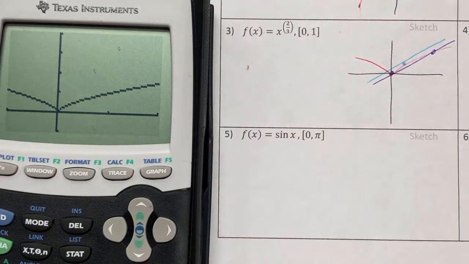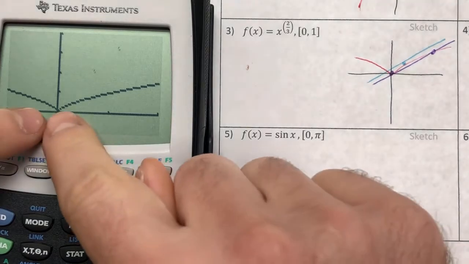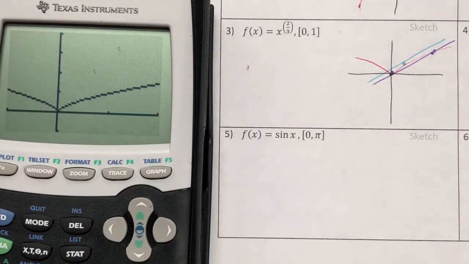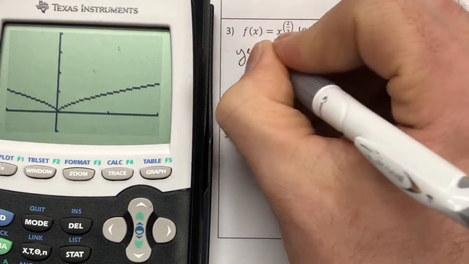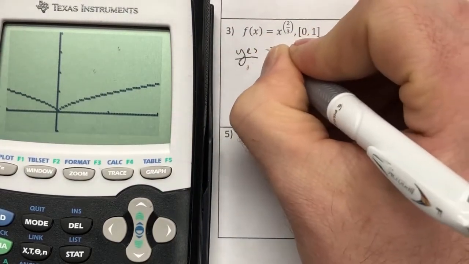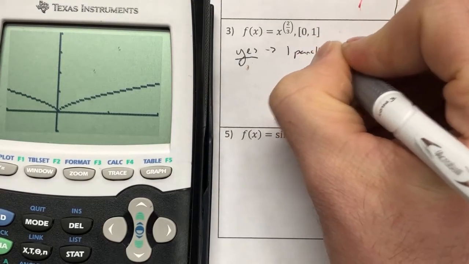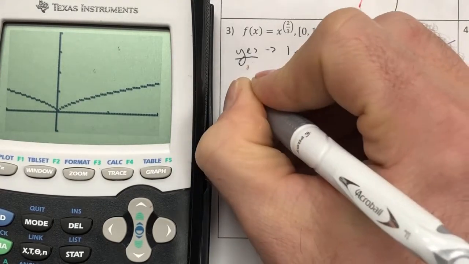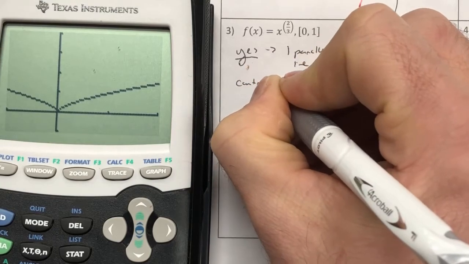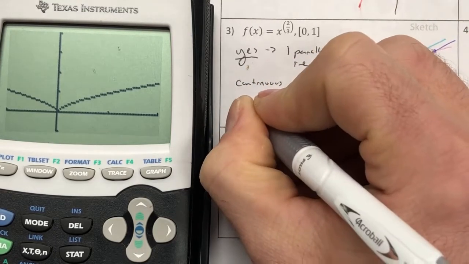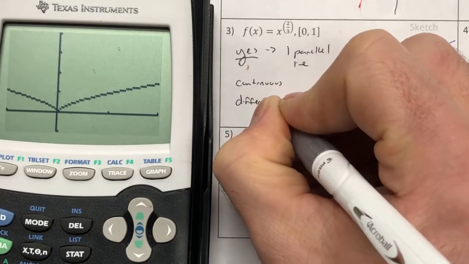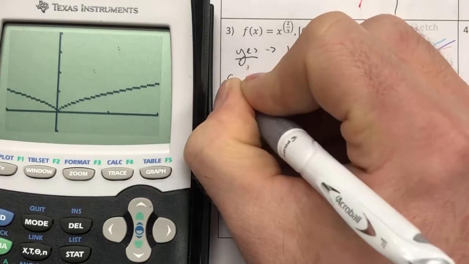If I scooted that over any further, I wouldn't be able to use the mean value theorem because the function is not differentiable at x equals 0. So for this one, we're going to put a very cautionary yes. We have 1 parallel line because it is both continuous and borderline differentiable.